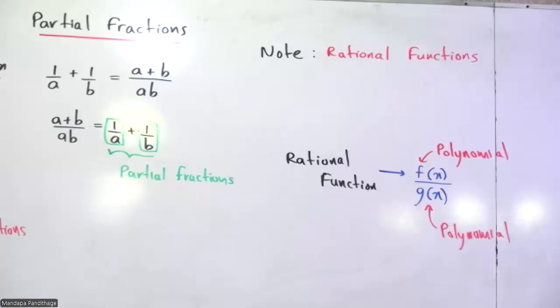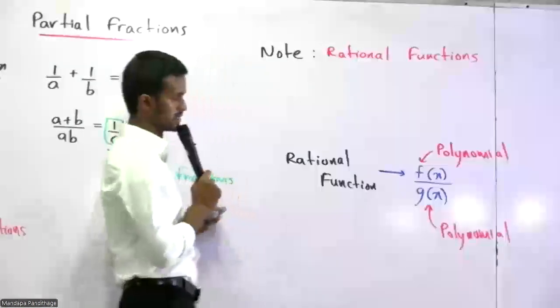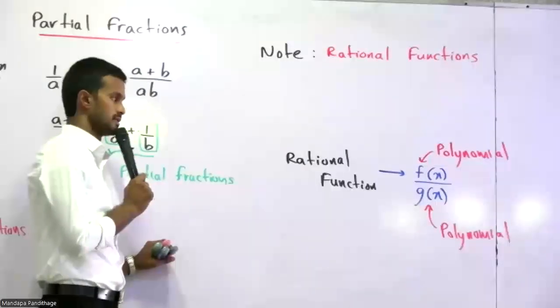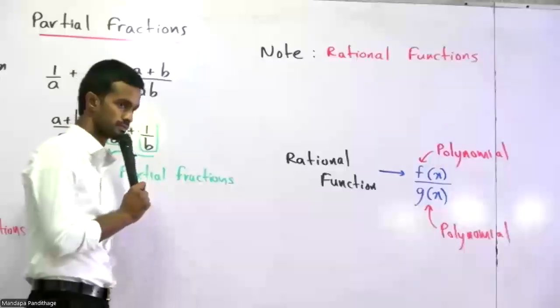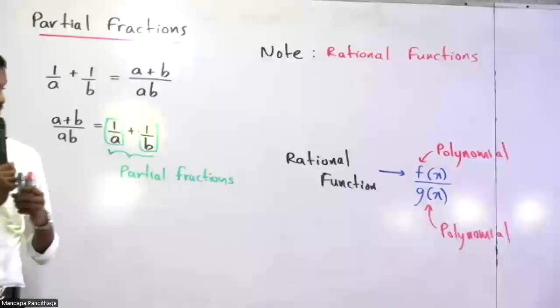Then just write: a rational function is f(x) over g(x), where f(x) and g(x) are polynomials.